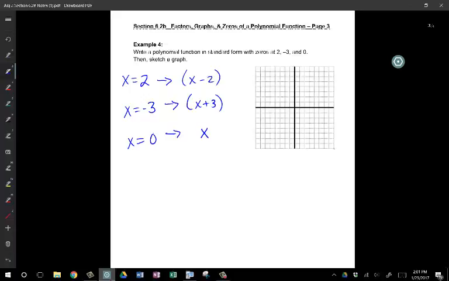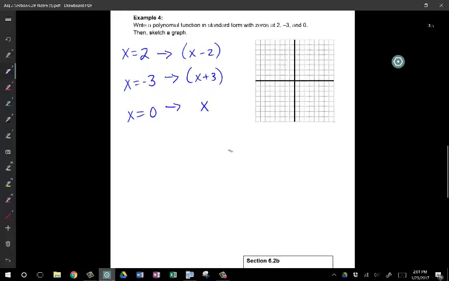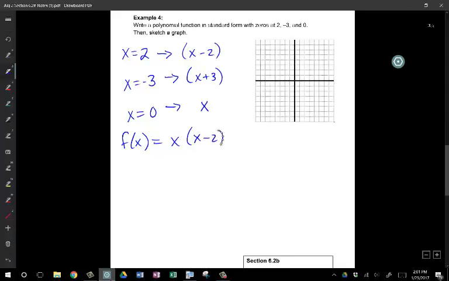With me so far? Do you see how I just reversed those? Now we're going to write a polynomial function. F of x equals x times x minus 2 times x plus 3. Does this have that same up, down, and back up thing? So let's do some multiplying. This goes back to Friday.